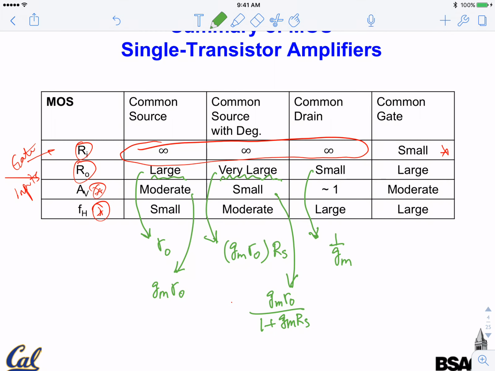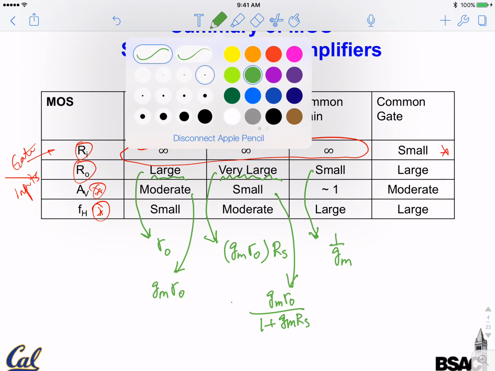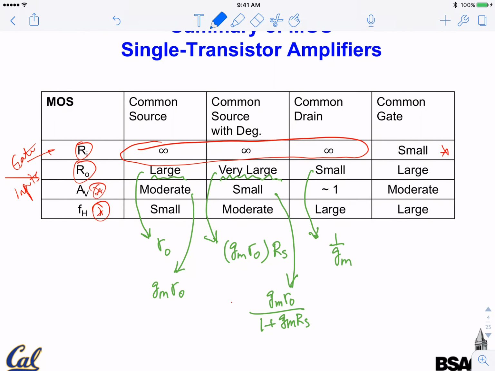Okay, how to interpret the frequency number? Small because there's a Miller effect. You all learned Miller effect. There's a Miller capacitance. That's why the bandwidth for common source is small.